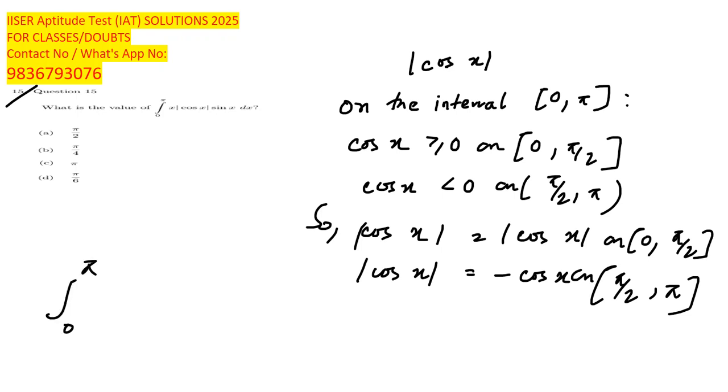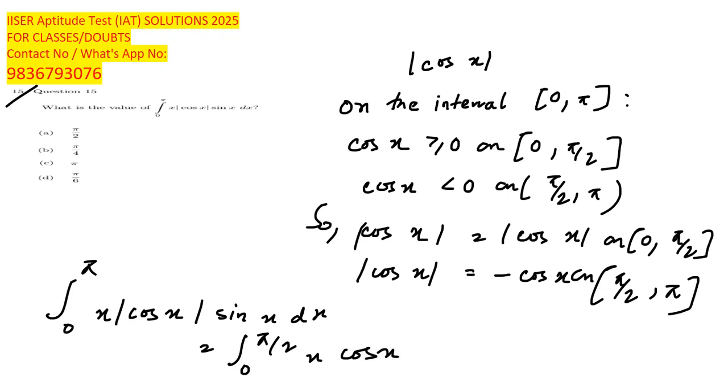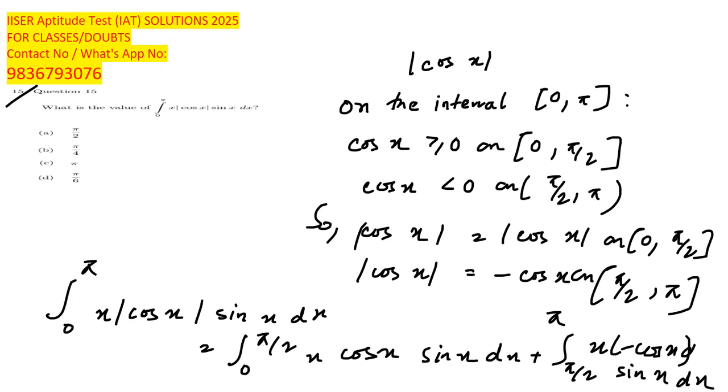So it's integral 0 to pi of x |cos x| sin x dx. So then it's integral 0 to pi by 2 x cos x sin x dx plus integral pi by 2 to pi x times minus cos x and then sin x dx.